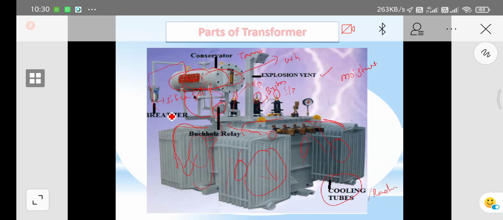Therefore it is necessary to remove the moisture in the breather here.